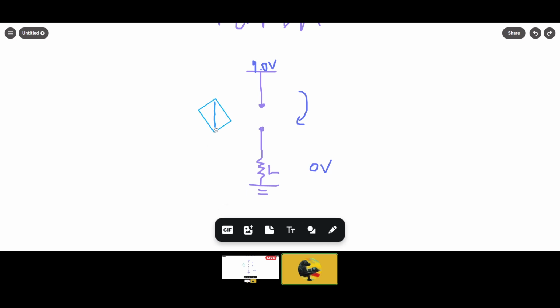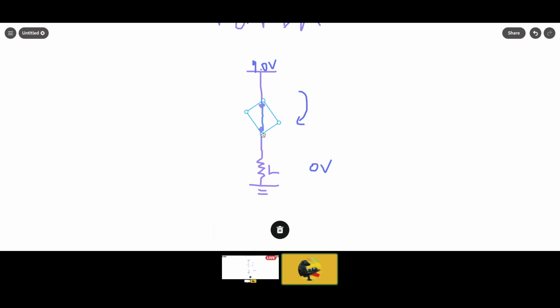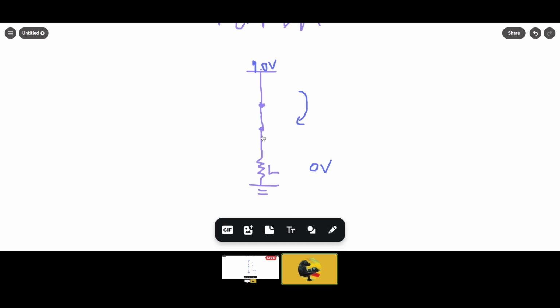So the difference here between closed and open is that when closed, 9 volts is forced to go through the load L because it's literally being tied to it. But once you open the switch, there's no source that is 0, or in other words, there is no ground.